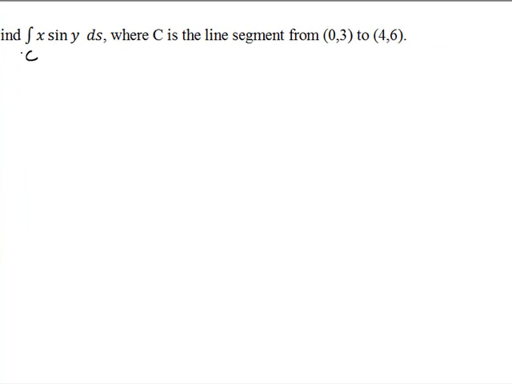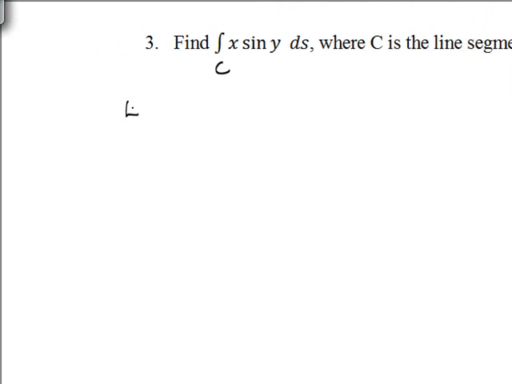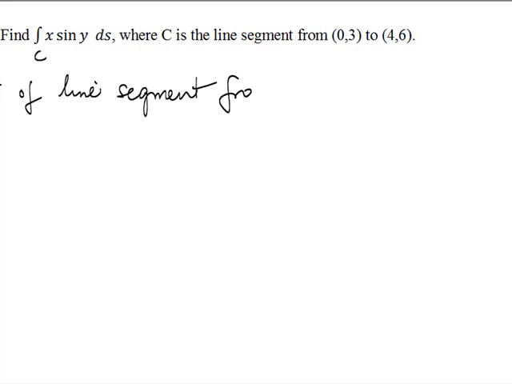Just let me remind you, you need to find the direction vector. Remember that? Okay? Then when you are finished, you can write the equation of the line in terms of t. So we want to find the equation of the line segment from (0,3) to (4,6).